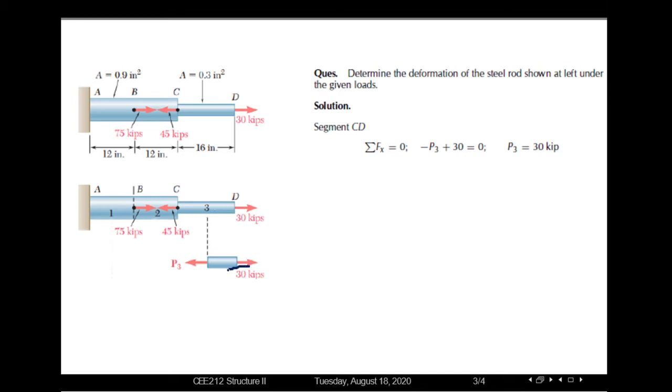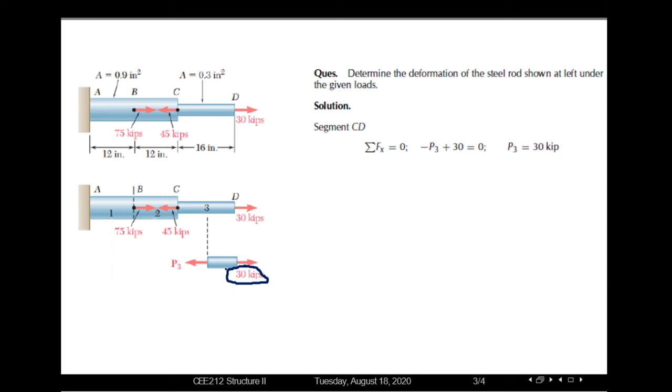Here we can see 30 kips. According to the law of equilibrium, in order to keep this section in an equilibrium state, a similar force will be acting in the opposite direction.